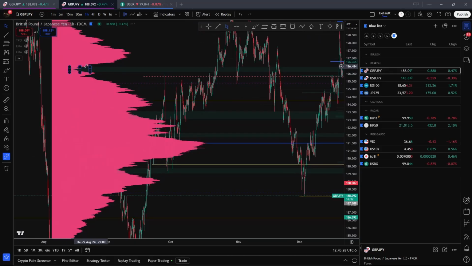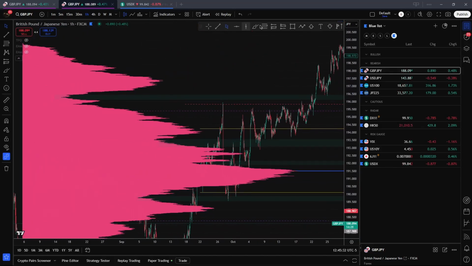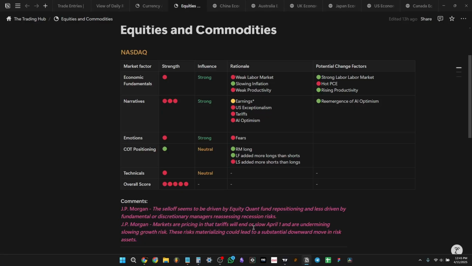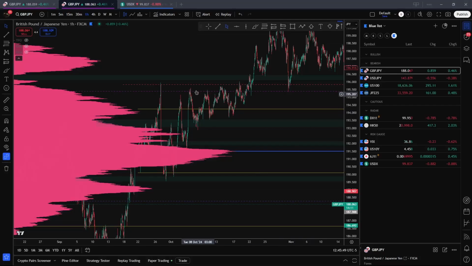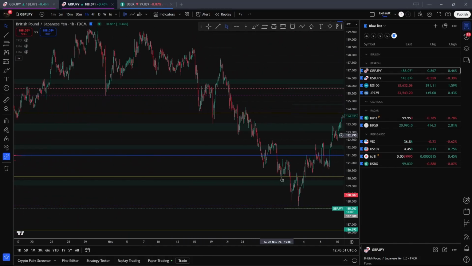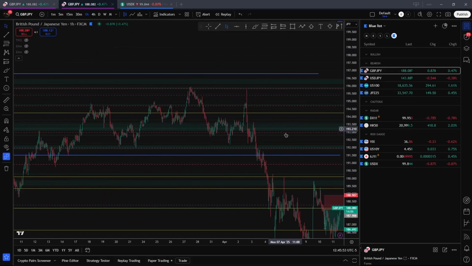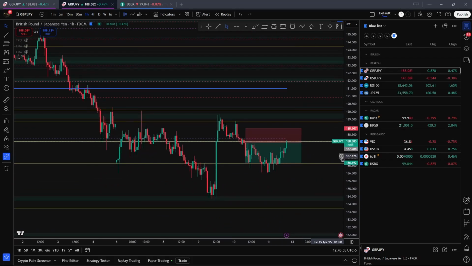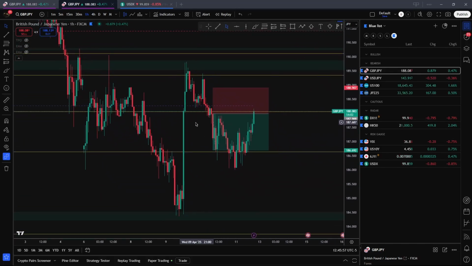Areas like this right here, this would be a place that I would look to sell or buy, because those are support and resistance levels, and I call them low volume nodes. After my system gives me a bullish or bearish reading, so Nasdaq is giving me a bearish reading, I head to the chart and look at my different levels to decide where I want to enter a buy or a sell.